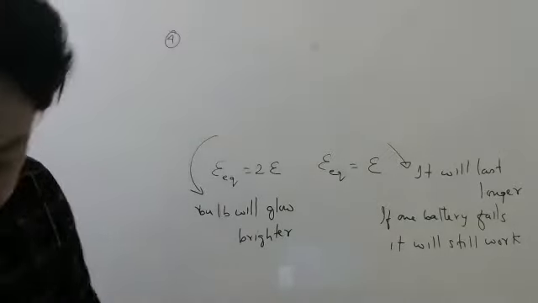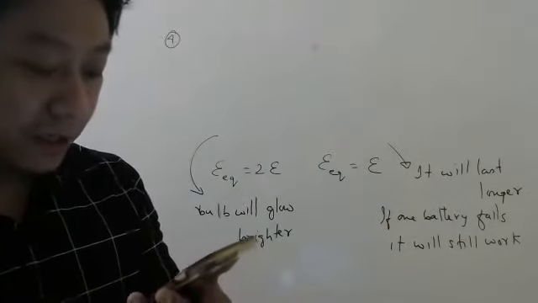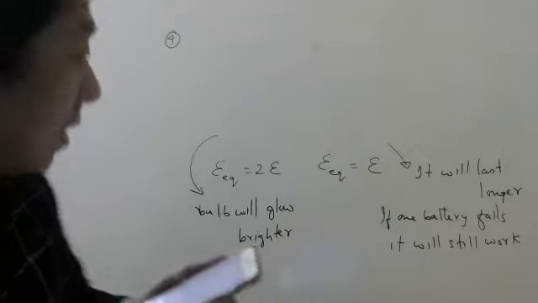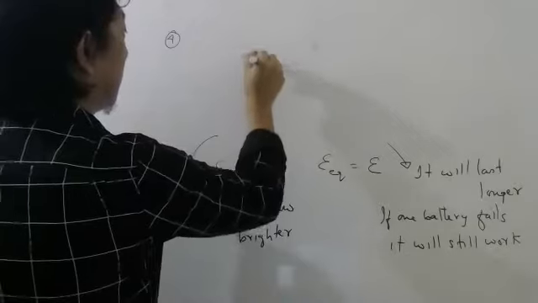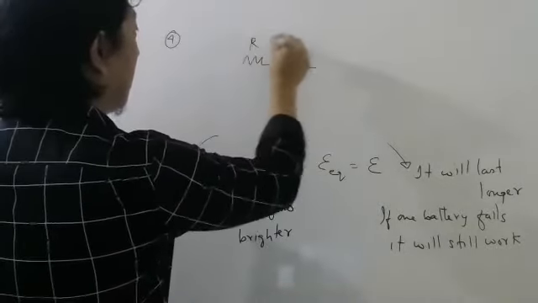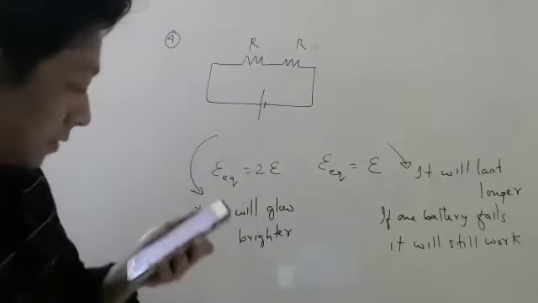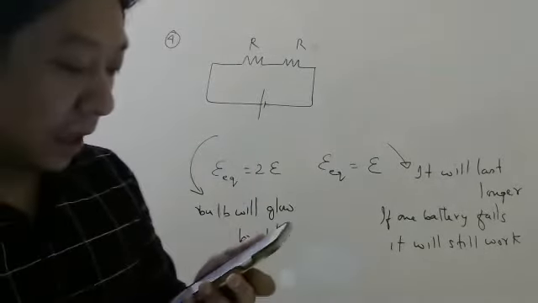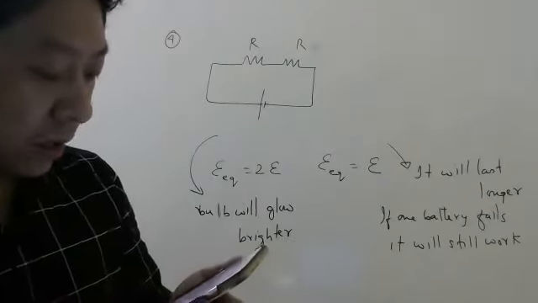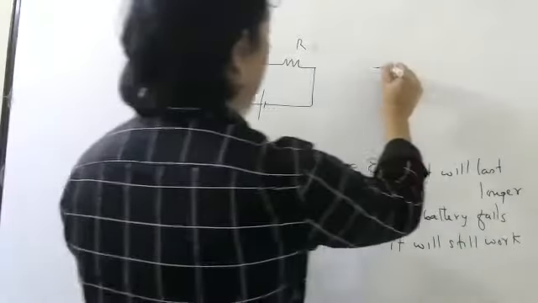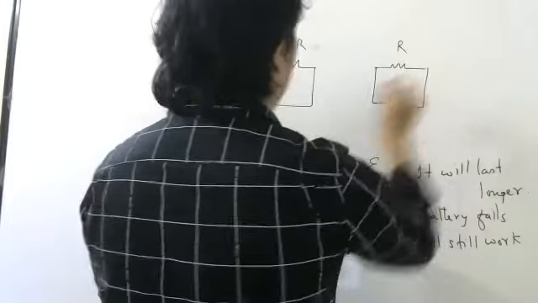Question number 4. If two identical resistors, R and R, are connected in series to a battery, does the battery have to supply more power or less power than when only one of the resistors is used, for the same voltage?